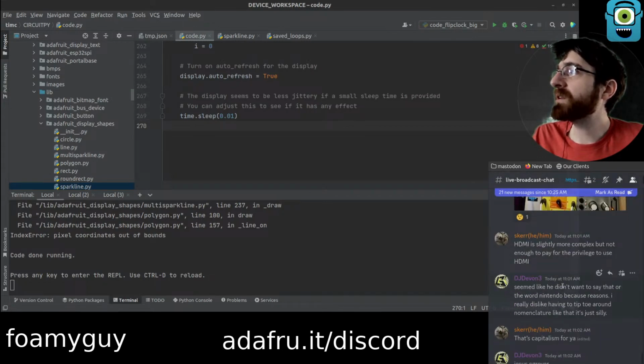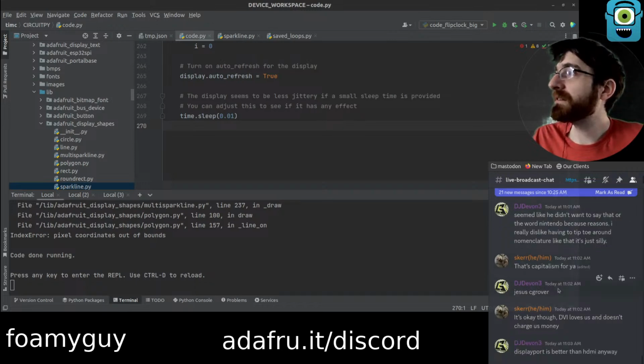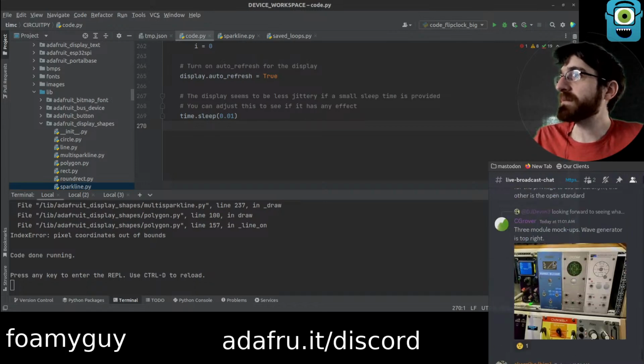HDMI is slightly more complex, but not enough to pay for the privilege of using HDMI. Like you didn't want to say that, or the N-word video game company that shall not be named. DisplayPort's better sometimes.